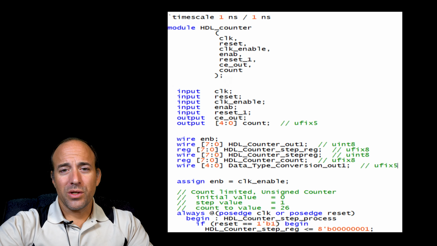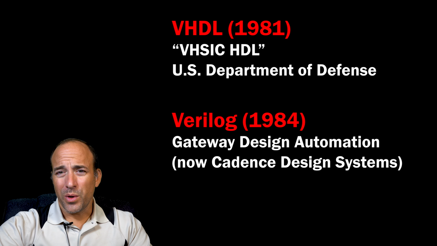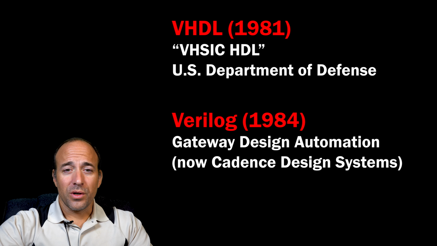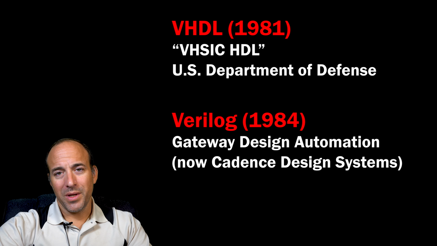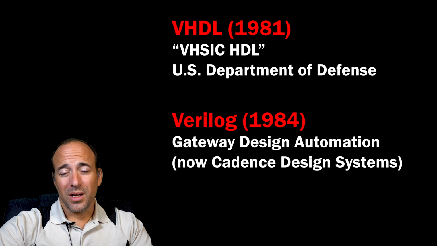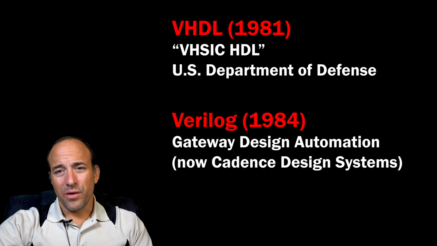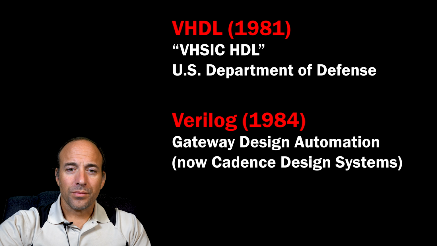I actually switched this course from VHDL to Verilog around 2014 because of Verilog's more familiar syntax and because Verilog seemed to be gaining an edge over VHDL, at least in industry, not necessarily in academia. However, if you know one of these two languages, the other is very easy to pick up.